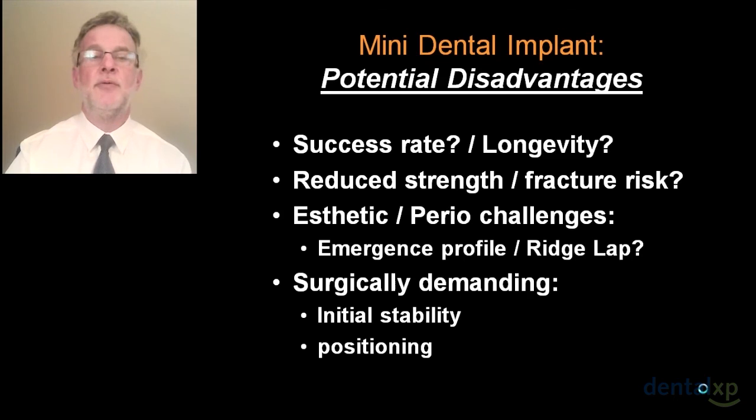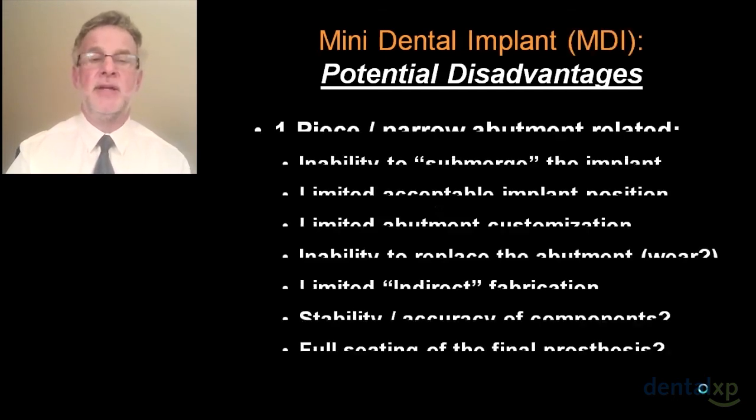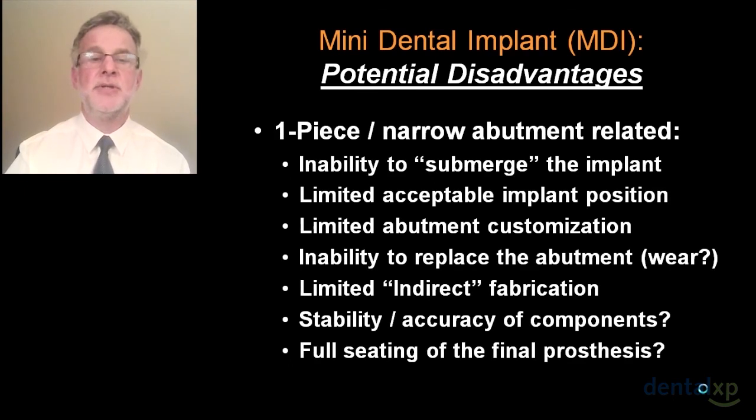So again, if we look at one-piece implants, we have all these disadvantages. We typically cannot submerge the implant if the initial stability is poor. There's only so much modification you can do to some of these mini implants. So if your implant is not in an acceptable position, it cannot be restored. It has to be removed.